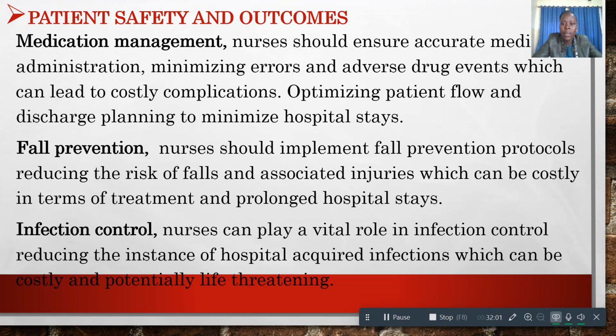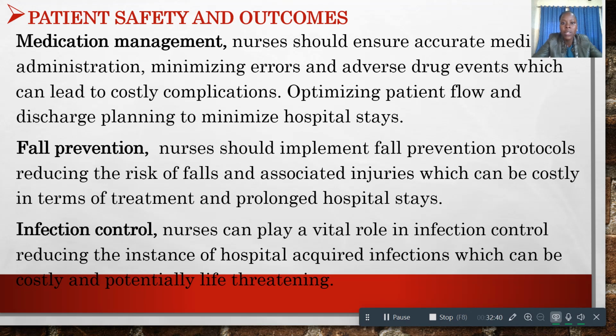Then the other thing under that is optimizing patient flow and discharge planning to minimize hospital stays. We shall look at the details of discharge planning when we come to our topic of discharging patients. But in regard to hospital economy, we have to follow up the patient as we are monitoring them, and plan for discharge as early as possible to minimize hospital stays.